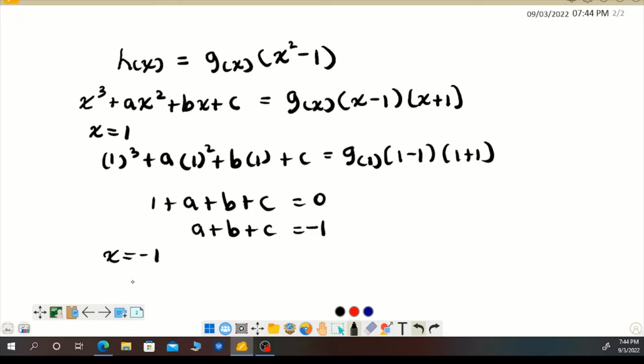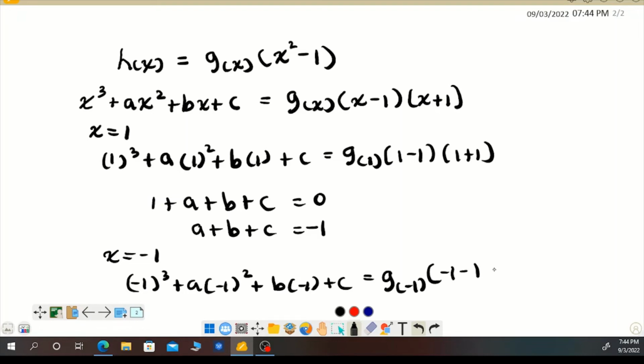Okay, then I substitute x equals minus 1. Then I obtain minus 1 cubed plus a times minus 1 squared plus b times minus 1 plus c equals g(minus 1) times (minus 1 minus 1)(minus 1 plus 1). So from this, this is my first equation. Then I can simplify this.